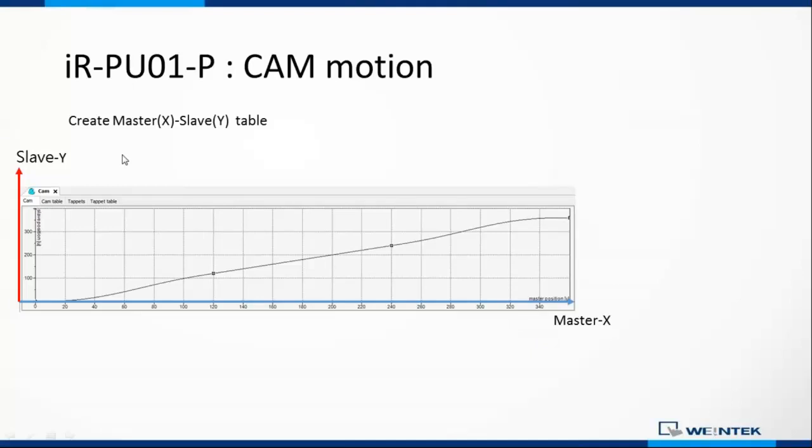On the CAN table, we can set some parameters to adjust the table, like engagement, which can set the start position of CANmotion, or offset, scaling the CAN table.